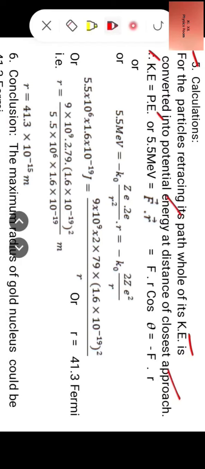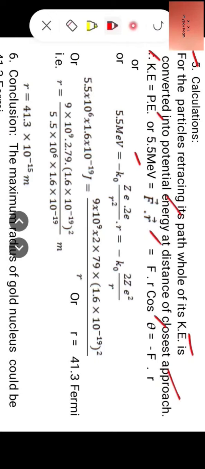Or we can write 5.5 million electron volts, which is the kinetic energy of the alpha particle, equal to F·r, where F is the repulsive force and r is the distance of closest approach, which is equal to F r cos theta. Because theta is 180 degrees, cos 180 is minus 1.